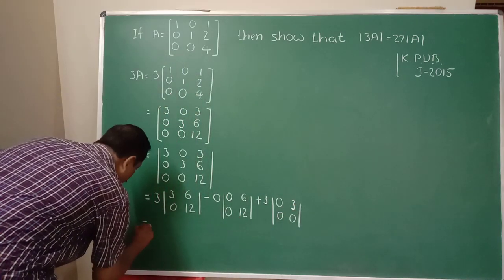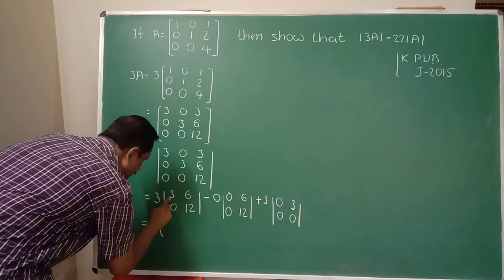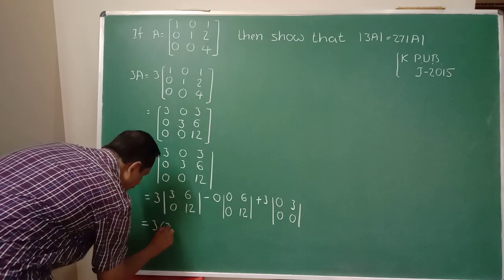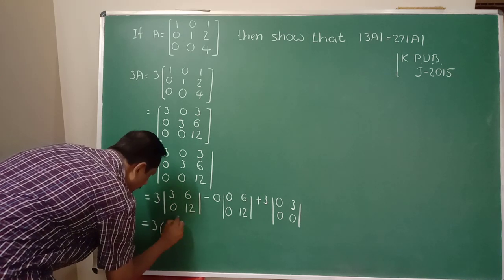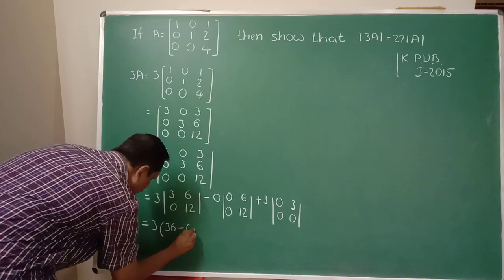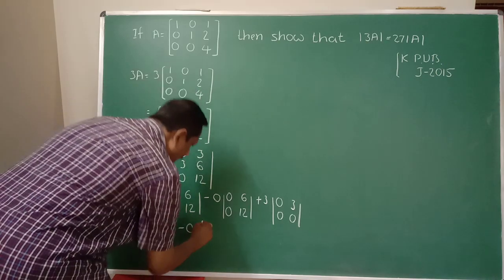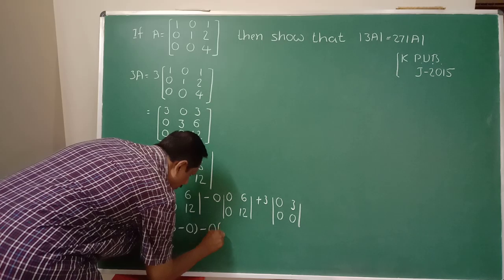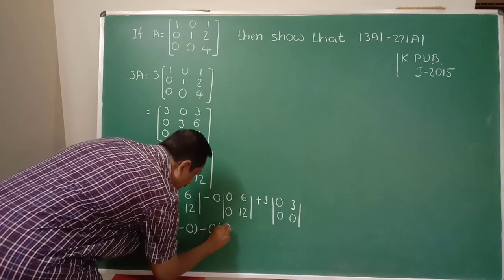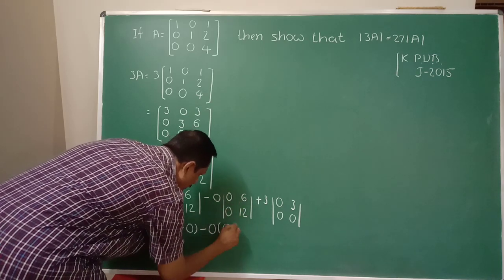Therefore this is equal to 3 into 3 12 is 36, minus of 0 into 6 becomes 0. Then minus of 0 into 12 becomes 0, minus of 0 into 6 is 0.